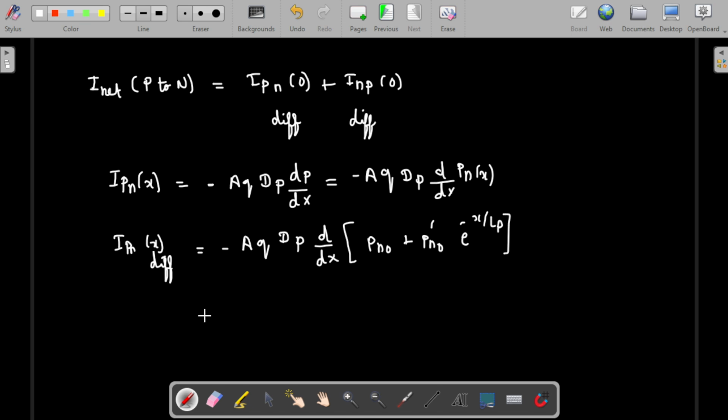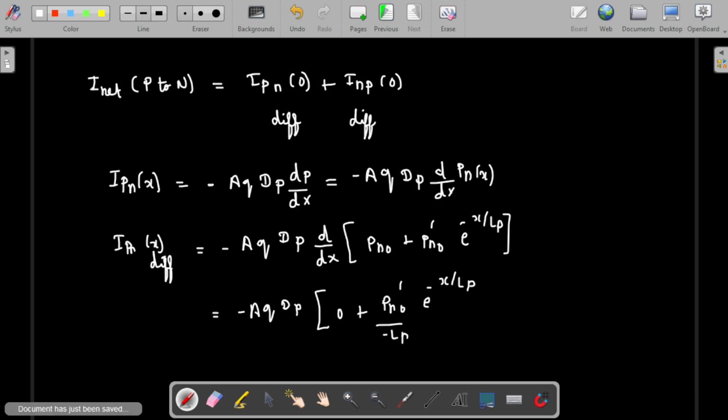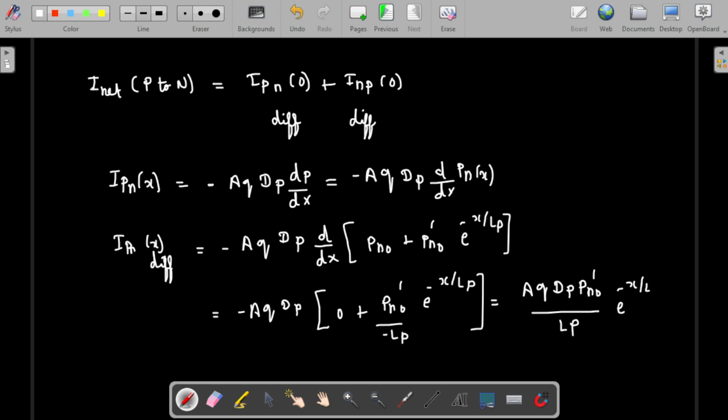Now this can be simplified as AQ Dp times: this one is constant, so differentiation will result in 0, plus Pn naught dash e power minus x by Lp, divided by minus 1 by Lp. Minus minus will be cancelled, so AQ Dp Pn naught dash divided by Lp e power minus x by Lp.